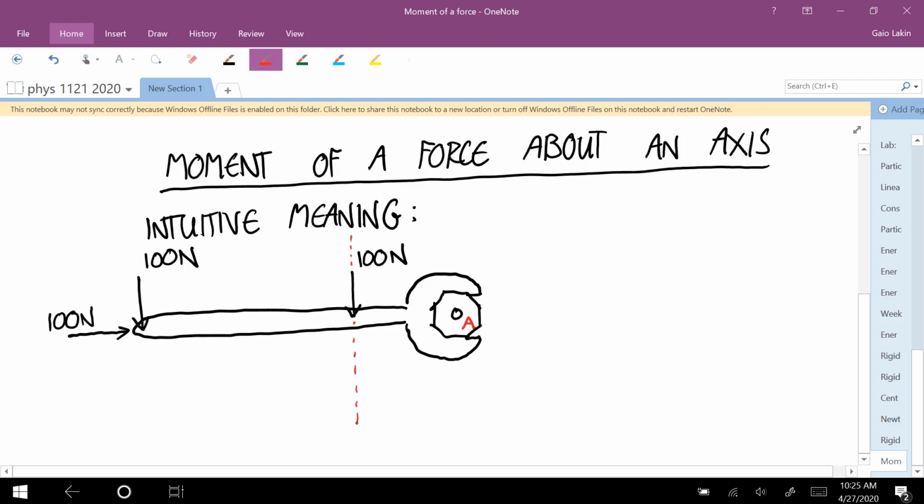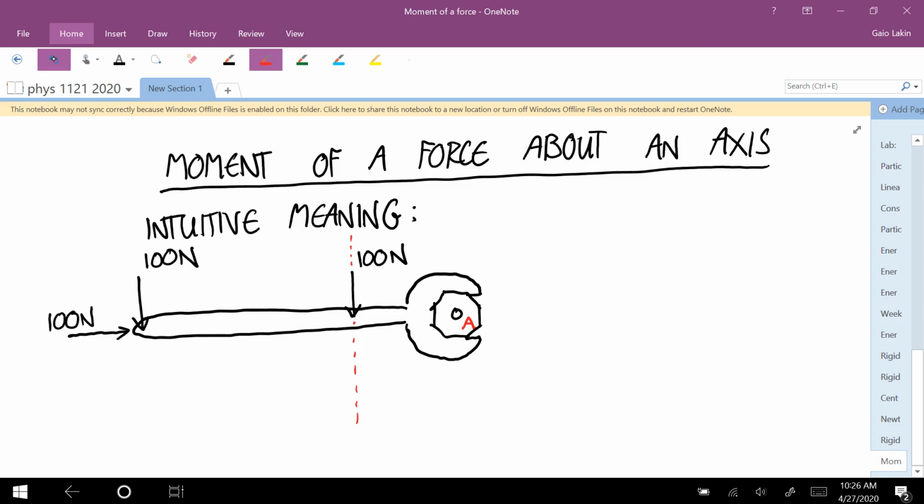Then the distance from the axis to that line of action is d in this case, okay? Let me get rid of that stuff.